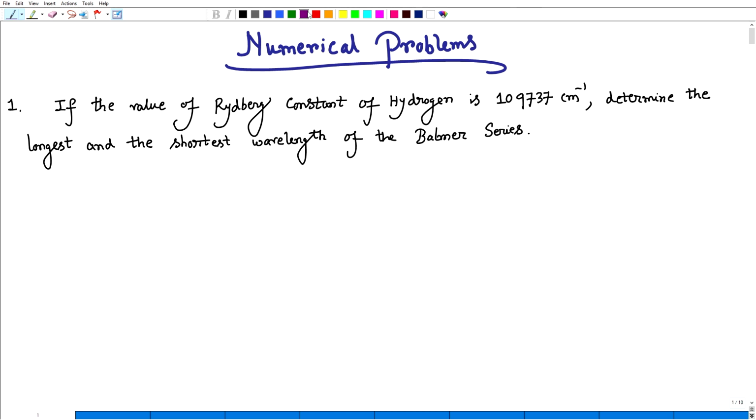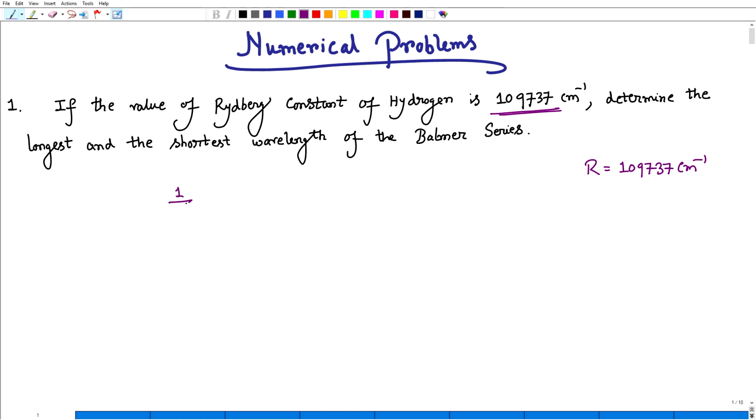Okay, they gave us the Rydberg constant, R, which is actually 109737 centimeter inverse. Now they asked to determine the longest and shortest wavelength of the Balmer series. So, what is the formula of wavelength for the Balmer series?